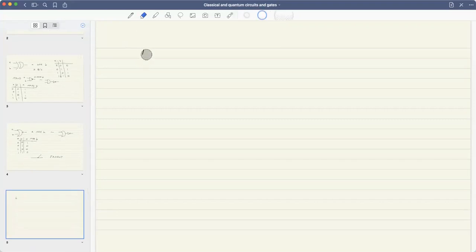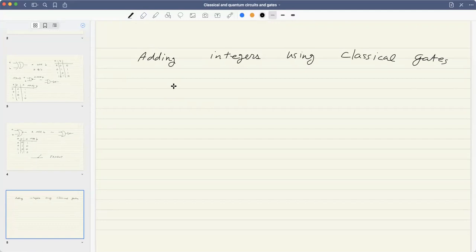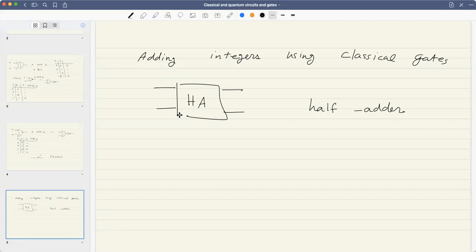So, adding, let's say, integers using classical gates. So first, let's define something called the half adder. And so it's a composite gate.